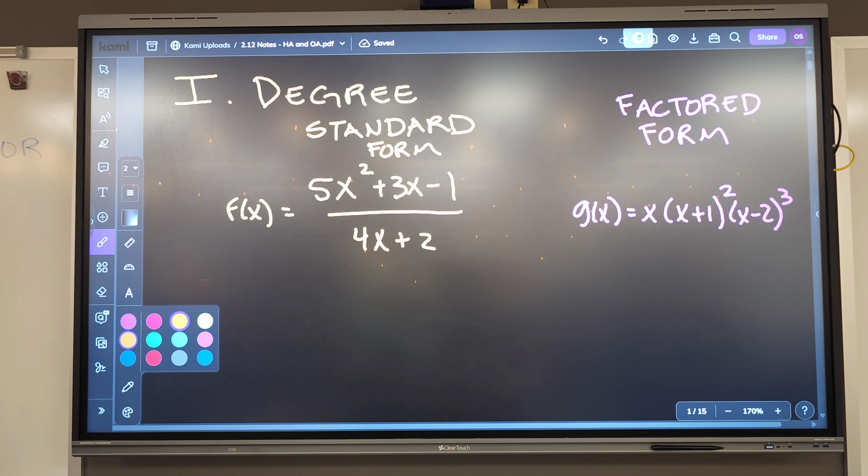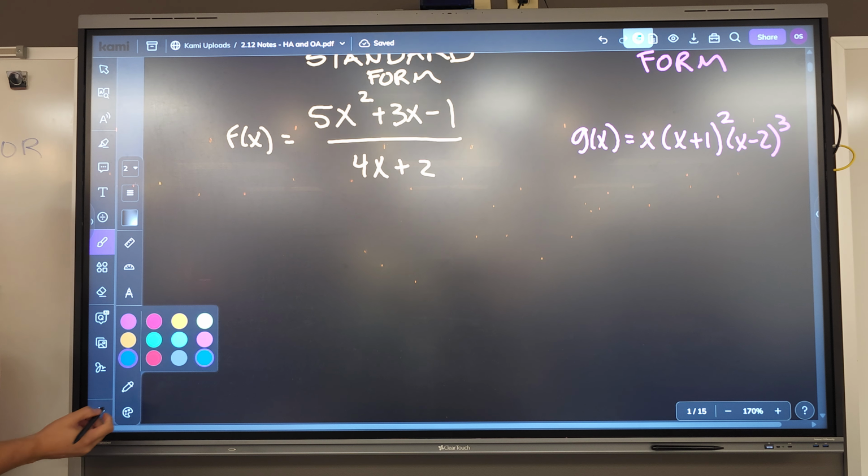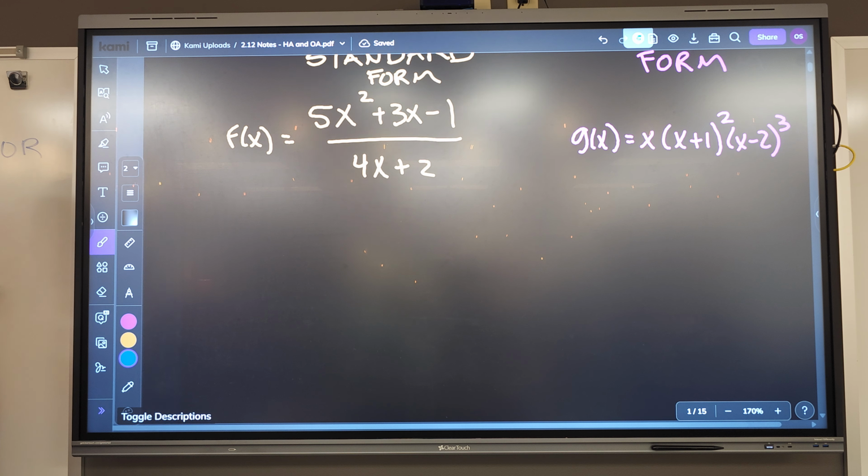Obviously, the first visual difference is the parentheses, right? One has the parentheses, the other does not. That would be an easy way to know the difference. But the way we calculate the degree is significantly different.